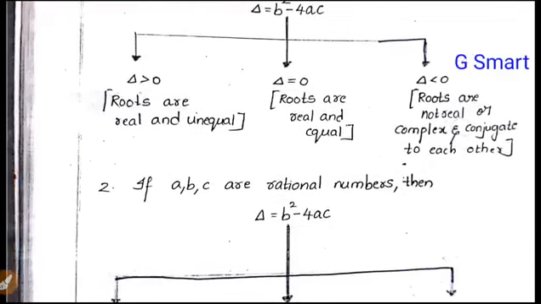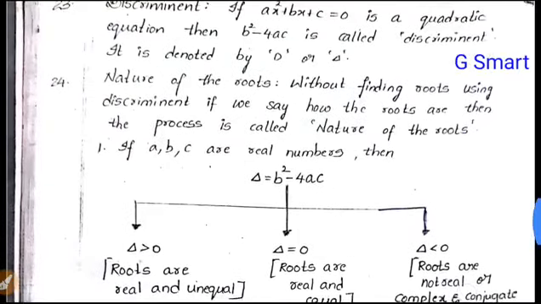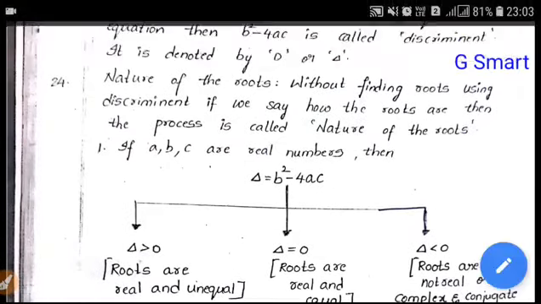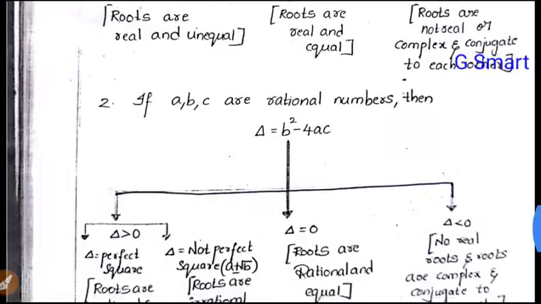If a, b, c are rational numbers, the coefficients of ax square plus bx plus c, then delta is equal to b square minus 4ac, the discriminant.